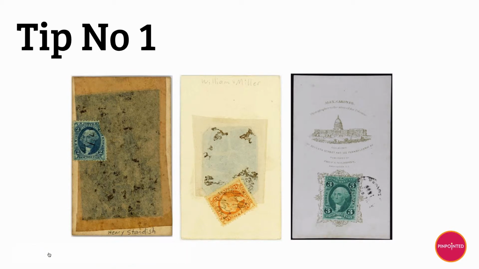The first thing, and this is a super easy one, is to turn over the photo, whatever kind of photo it is, and see if there is an IRS stamp on the back.